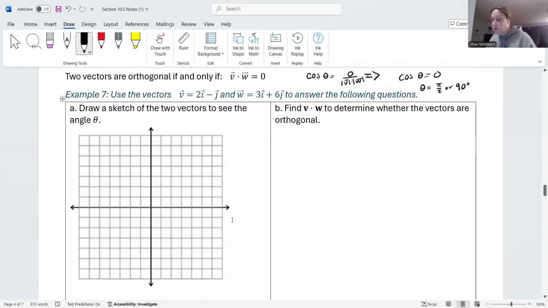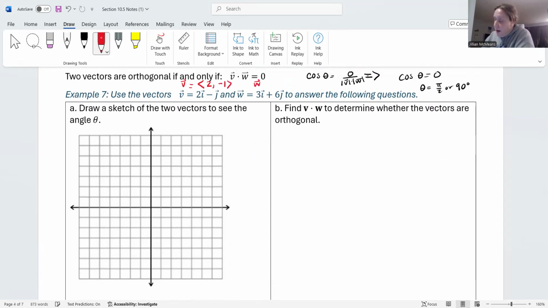Okay, so for example 7, it says use the vectors v equals 2i minus j and w equals 3i plus 6j. You know how much I love component form, so let's get rid of this. V has horizontal movement of positive 2 and vertical movement of negative 1.